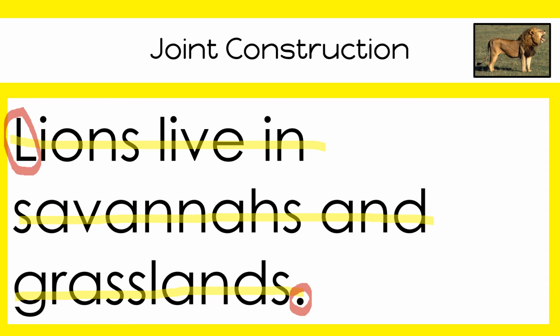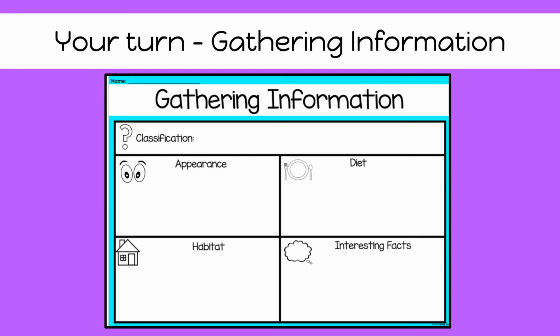So this is the short sentence we are going to be putting into our gathering information chart. So remember, this is what your gathering information chart should look like, something like this. And the area we're focusing on today is habitat.